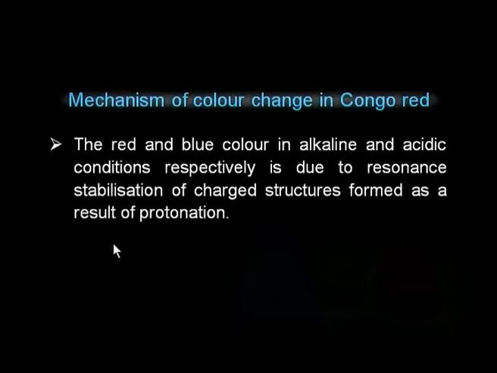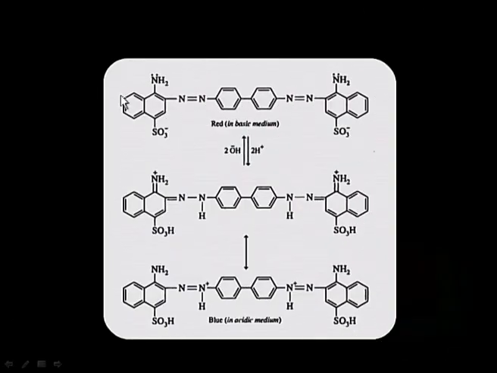The red and blue color in alkaline and acidic conditions respectively is due to resonance stabilization of the charge structure formed as a result of protonation. Here in this slide you can see Congo red, and when we add acid to it, H plus ions attach themselves on either of the nitrogen double bond, or you can say the azo group.